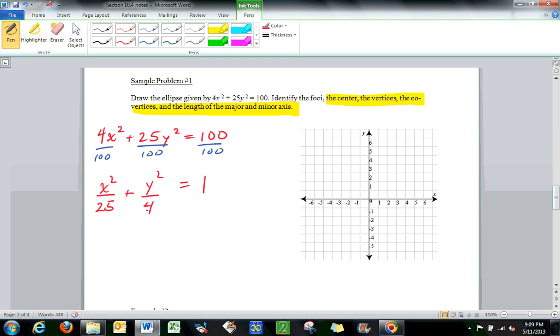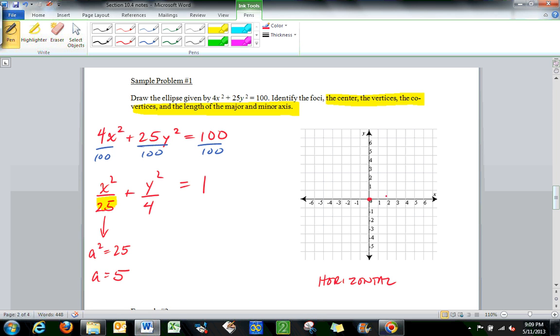And now I have a standard form equation of an ellipse. Again, I can see that my larger value is underneath the x squared, so I know that it's going to be horizontal in nature. That's going to help me know whether my answer is going to be correct or not. So that 25 has to represent a squared, so a is going to equal 5, which means that since this is x squared and y squared, I have no shifting. That's just at 0, 0. That's my center point.